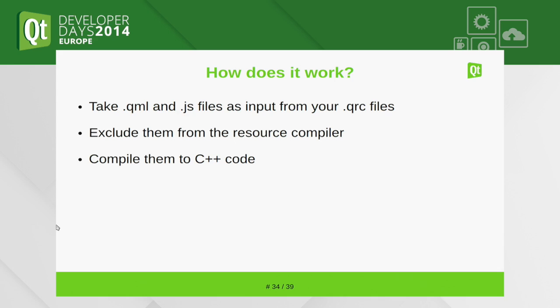Then the QML compiler will go ahead and pick out the QML and JS files and compile them to C++ code. That C++ code will then be run through the compiler that you've actually chosen for Qt, so it'll use whatever cross compiler you have, or whatever your current compiler is anyway. But the Qt Quick compiler generates Qt-style C++ code.